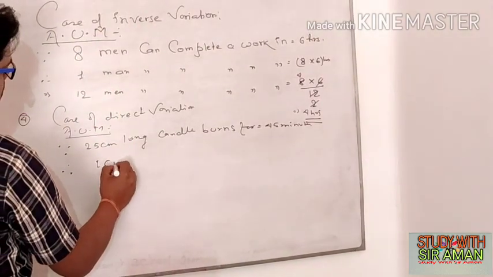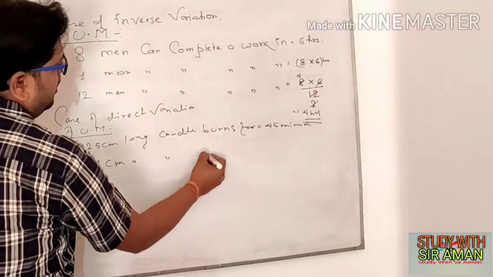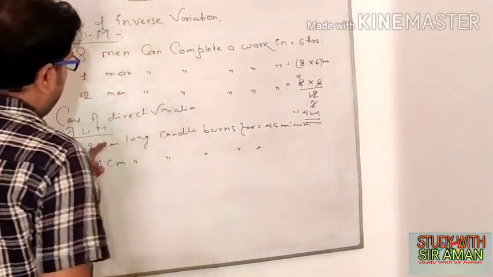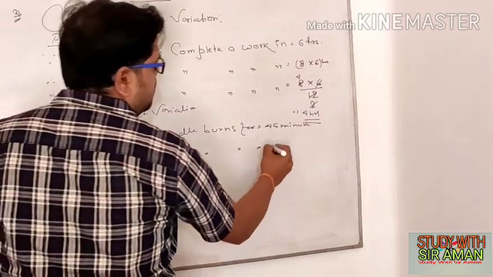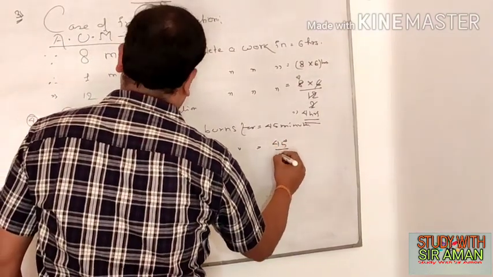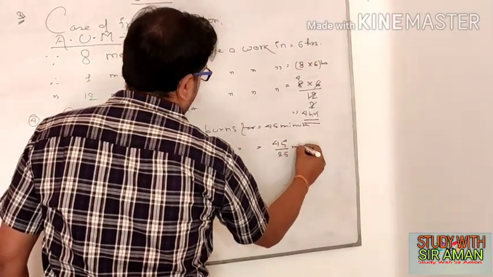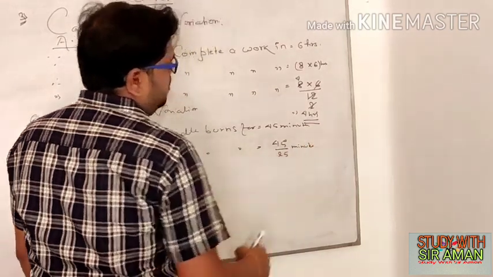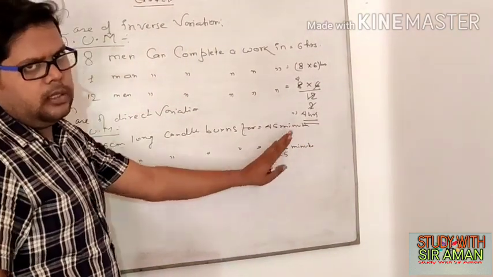Therefore, 1 centimeter long candle burns for direct variation. So we have to divide by 25. Do not calculate. Okay, leave it.